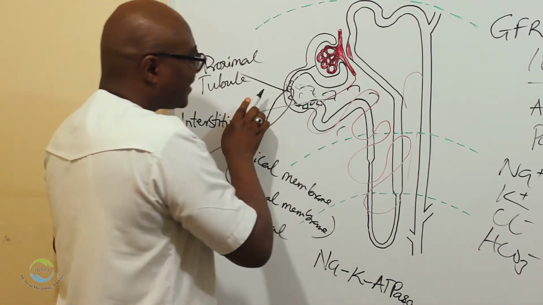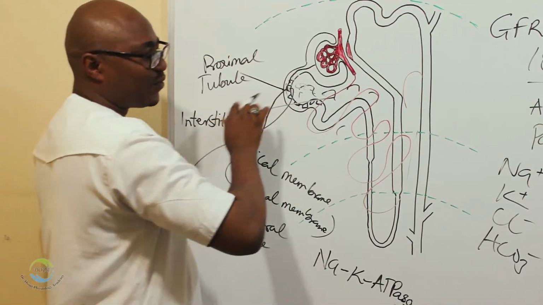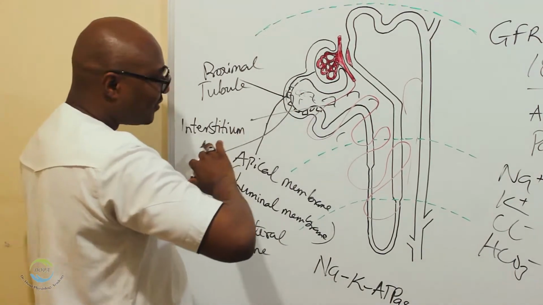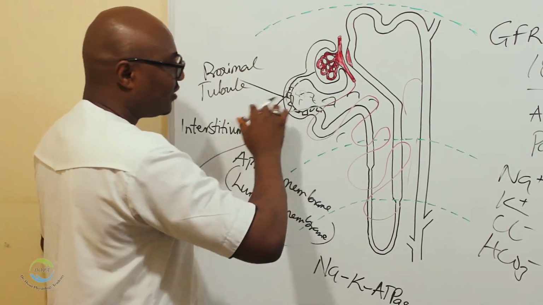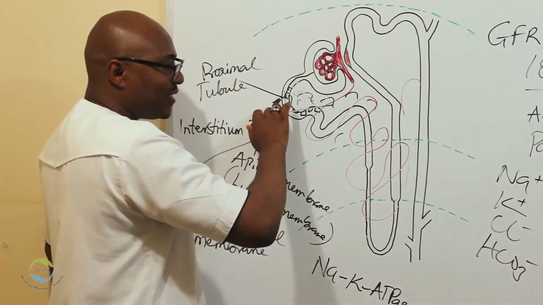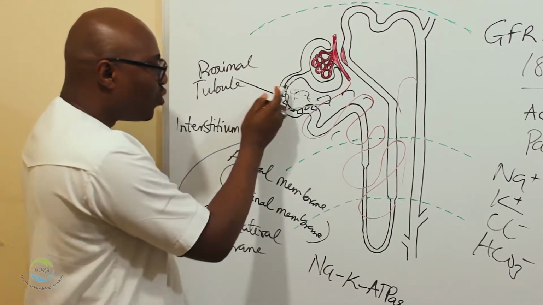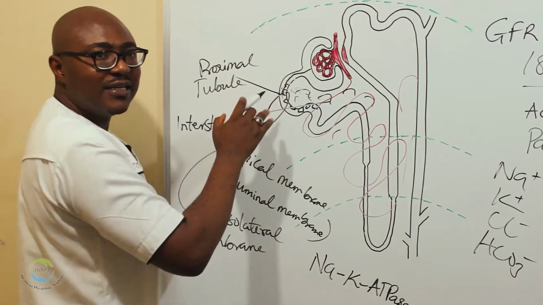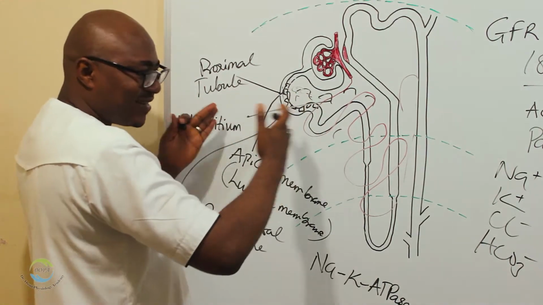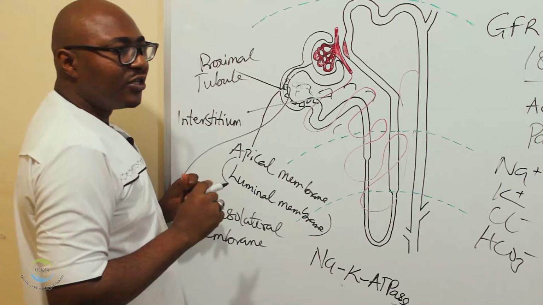It means that there's a concentration gradient that favors simple diffusion, which is passive transport, of sodium from within this lumen into the cell. The concentration is low inside the cell, lower than what has been filtered. So there is passive transport. The energy there is that gradient that has been created because of the action of this pump.